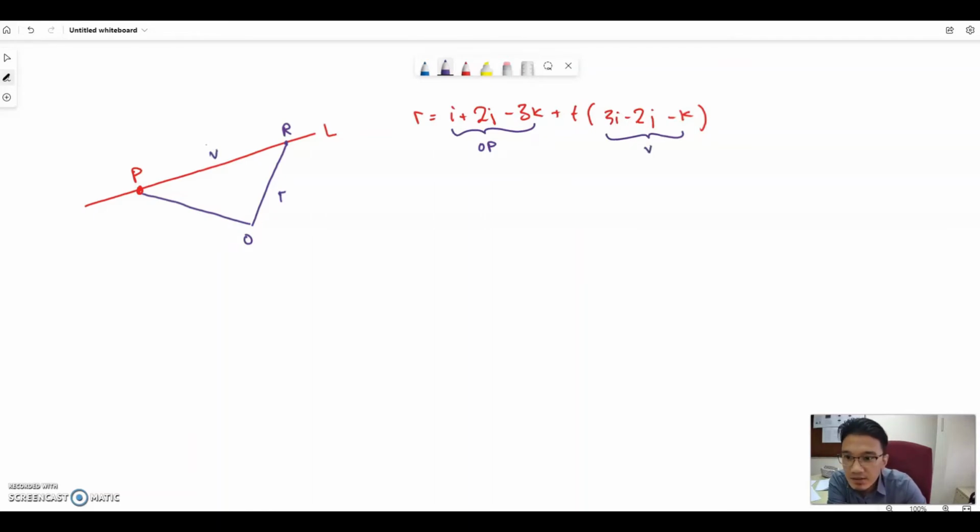This part could also be called the vector a.